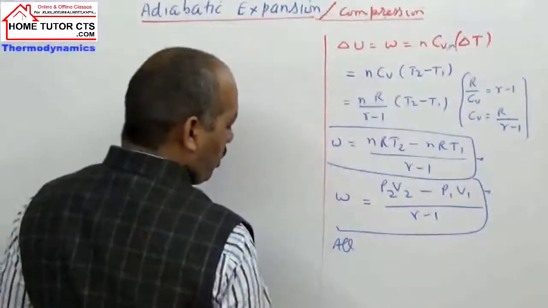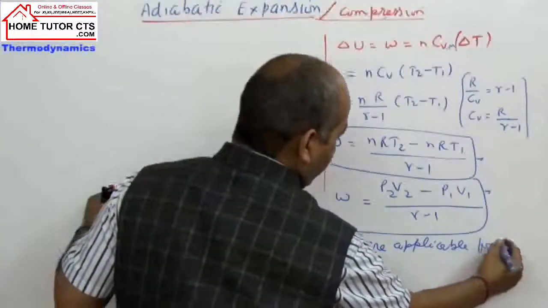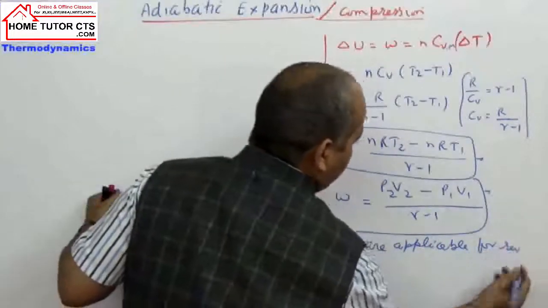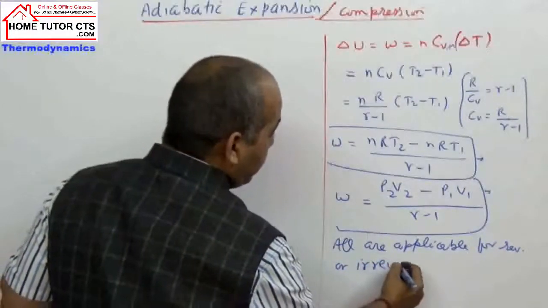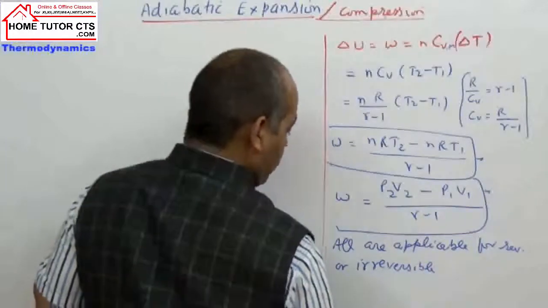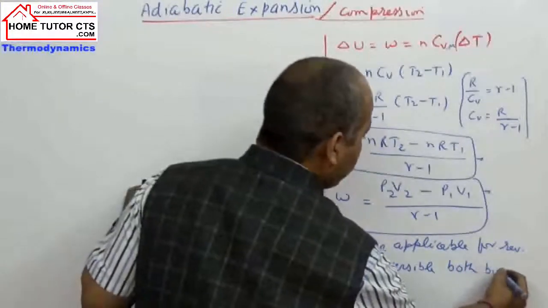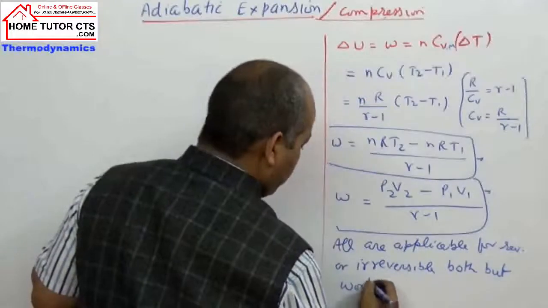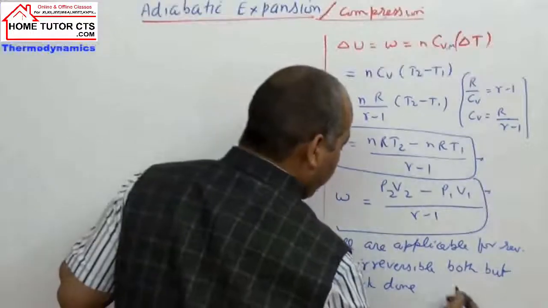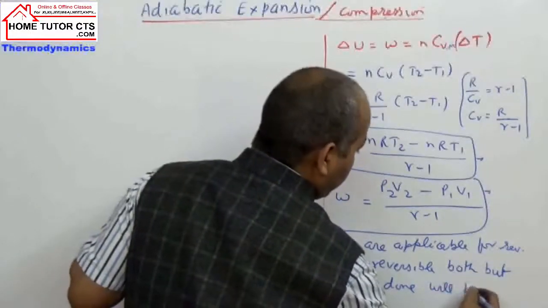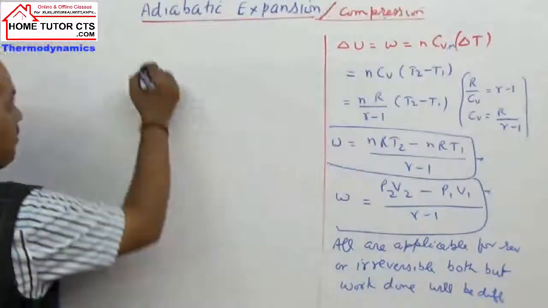All equations are applicable for reversible or irreversible, both kinds of process, but the work done will be different, will not be the same. Work done will be different in both processes.